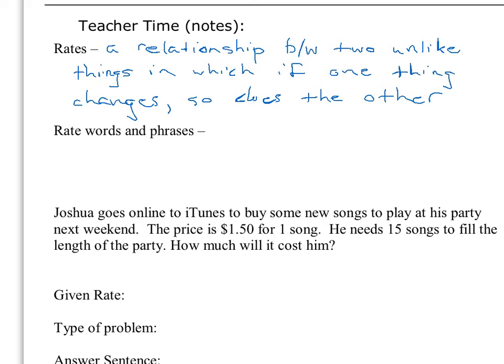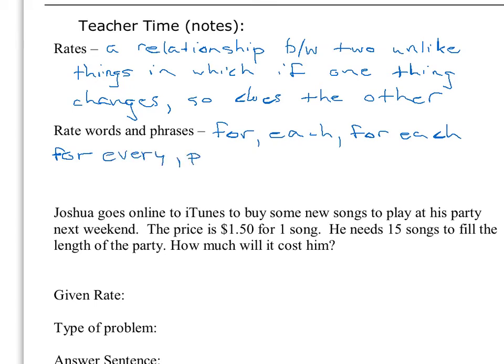So in a lot of different problems, there's going to be a lot of words or phrases that are going to help us identify some rate problems or some relationships between units. I'm just going to make a short list here that we will be adding on to. We might see the phrase for each. We might see the phrase for every.